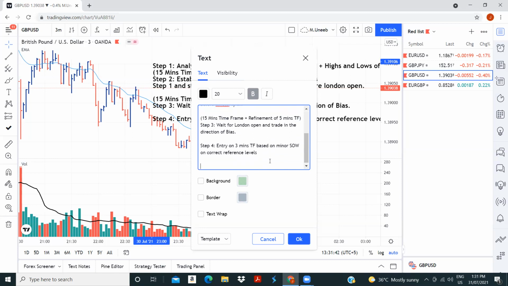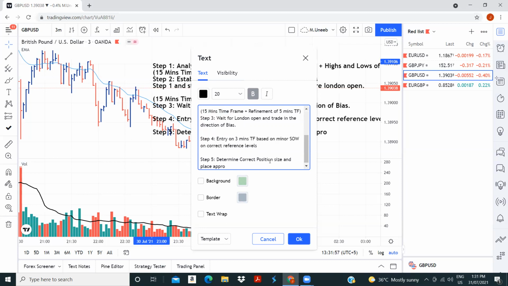Okay, step 5. Determine correct position size and place appropriate SL. Okay, lots, with SL and TP.